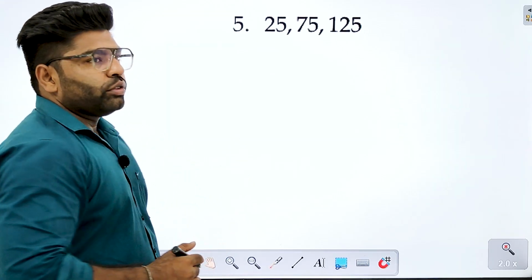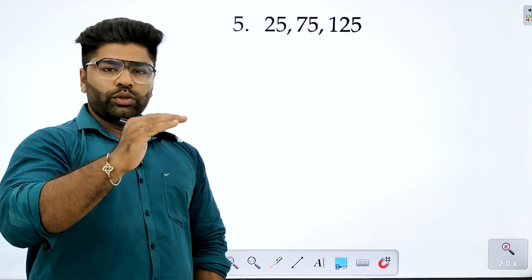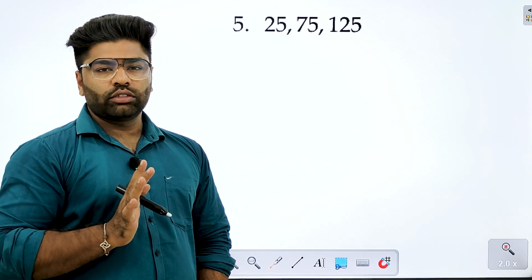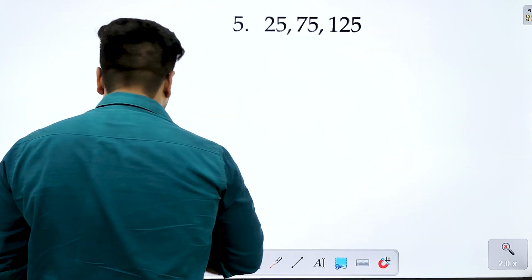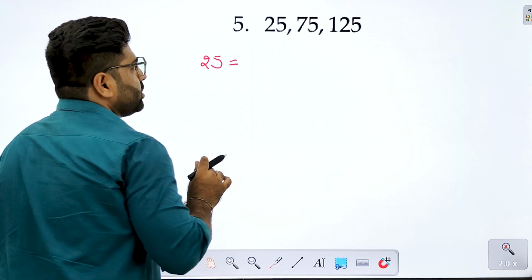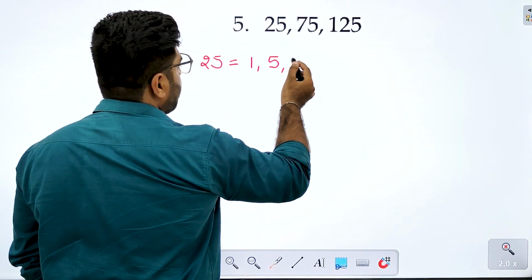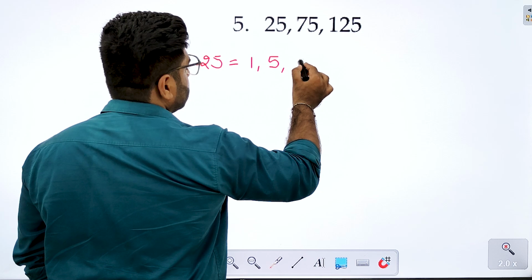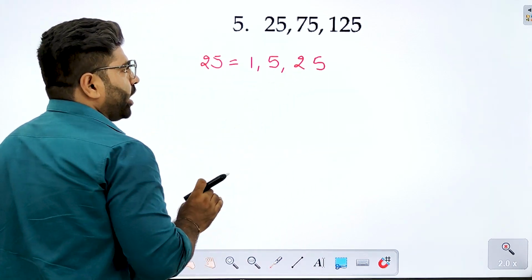The factors will be equal to that number or smaller than it. Clear? So 25 is divided by 1, 5, and 25. So 1, 5, 25 are the factors of 25.